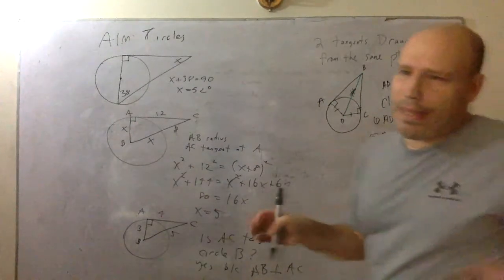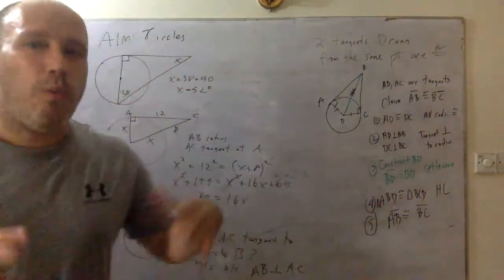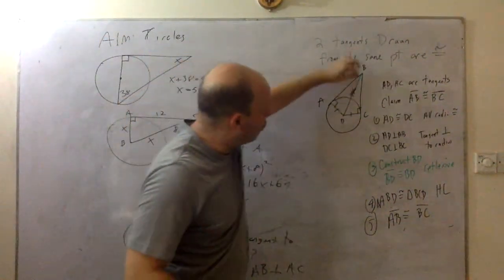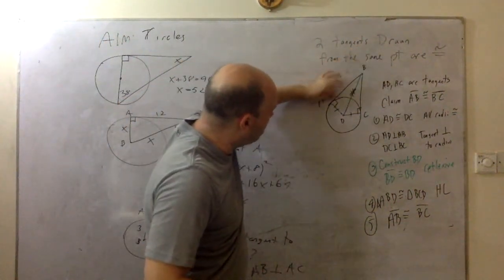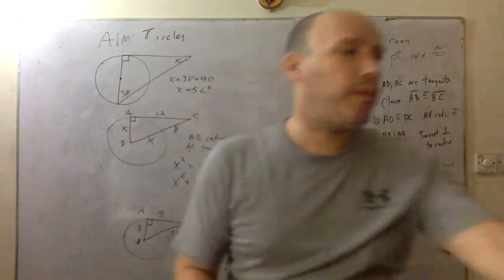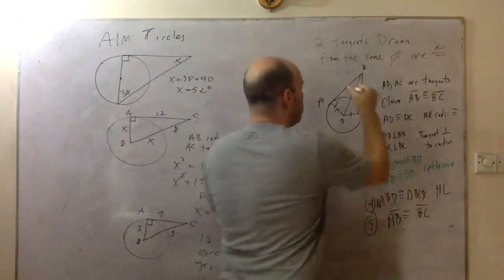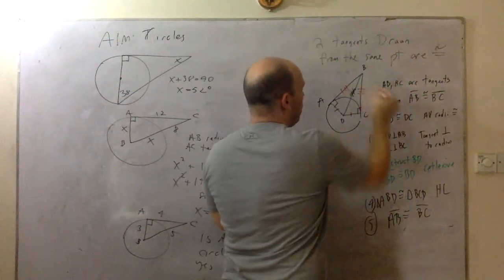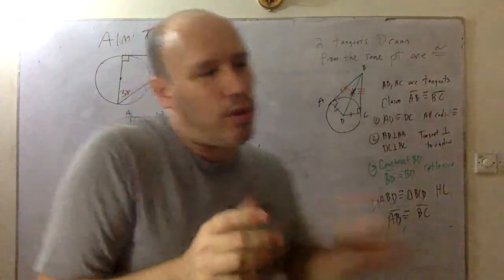How that shows up on the exam, I'm not really sure. But once again, if you draw two tangents from a point, they're congruent to each other. And let me put those markings in. Yeah, so these are congruent.